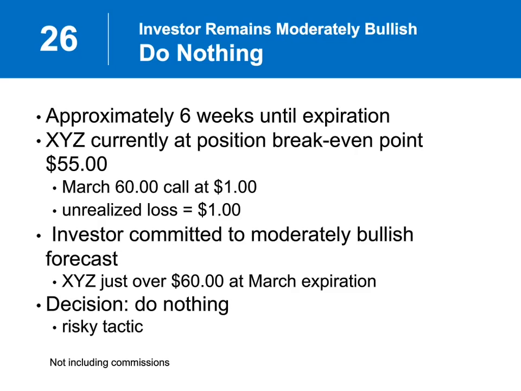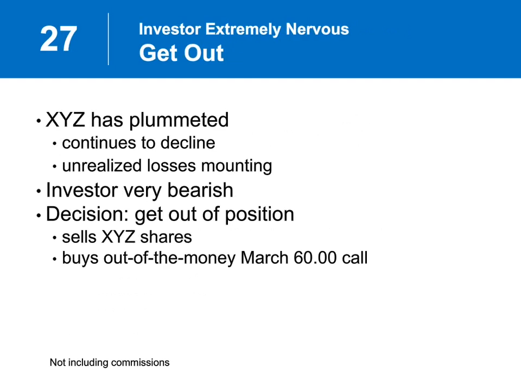And yes, can it be a risky tactic? Yes, but no risk, no reward, basically. This gets back to the idea of being comfortable with the underlying, having an opinion based on fundamentals or charts, and then making decisions accordingly.